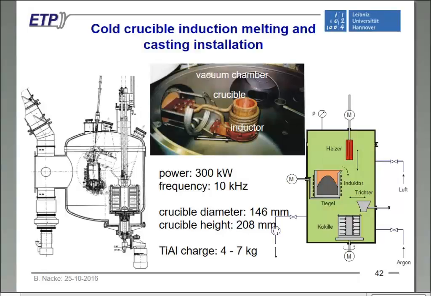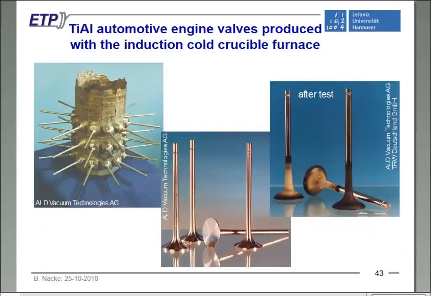The power of our installation is 300 kilowatts and the frequency 10 megahertz. One application in the past was the pouring of such valves of titanium aluminium for automotive applications, to replace steel valves in order to reduce the weight, and therefore increase the dynamics of these valves.